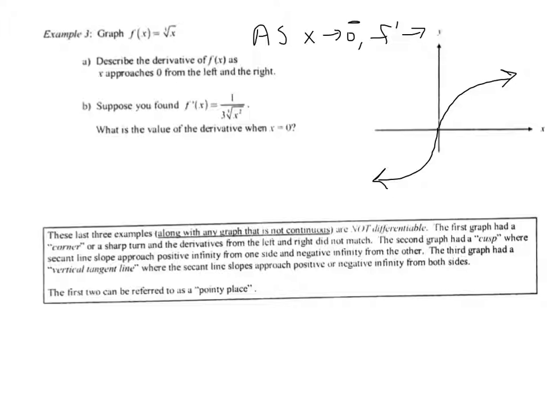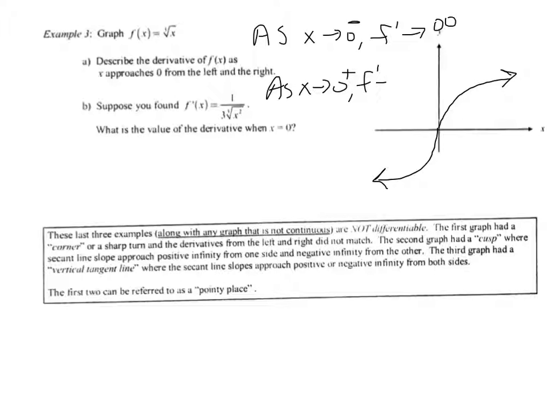As we come from the left-hand side, it's getting really, really steep, and if I could draw it perfectly, at one point we'd have a vertical tangent line going straight up. And so the slope right there would be positive infinity. And the same thing as x approaches 0 from the right-hand side.